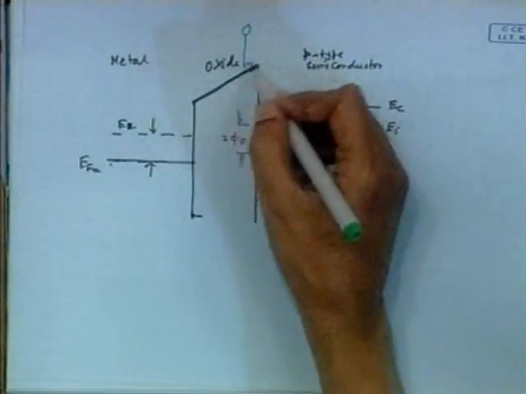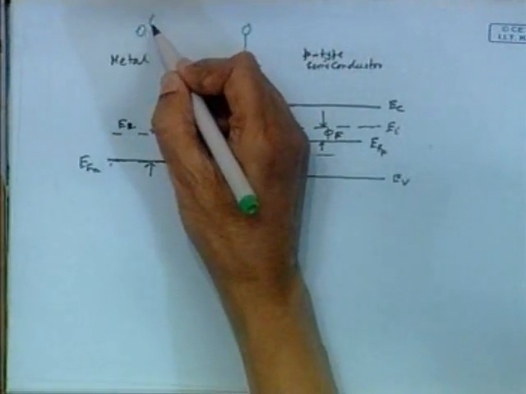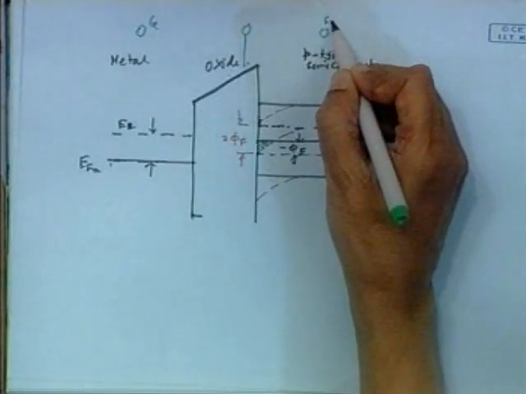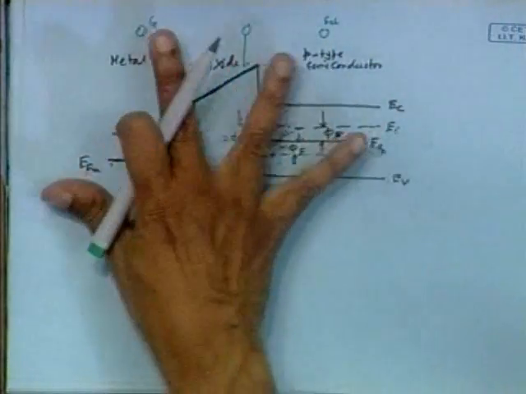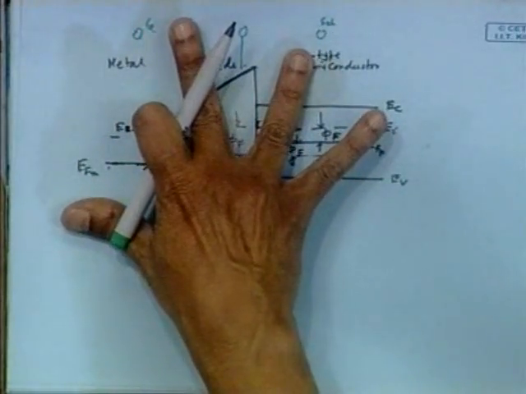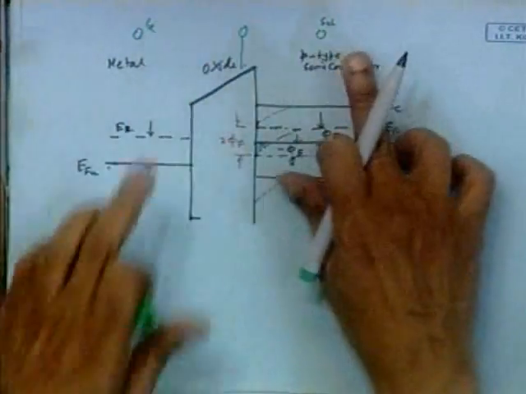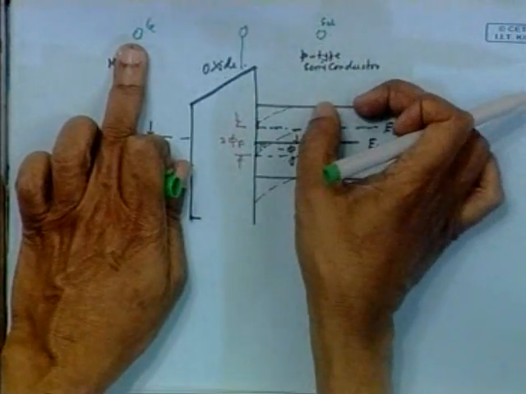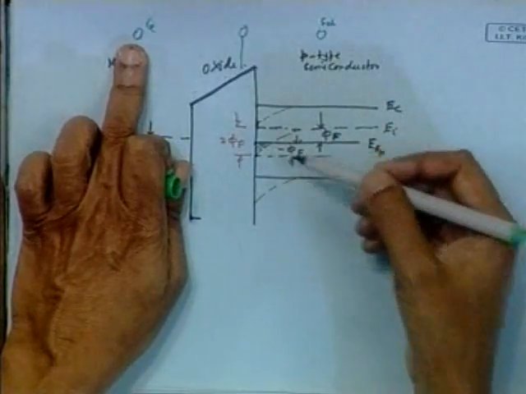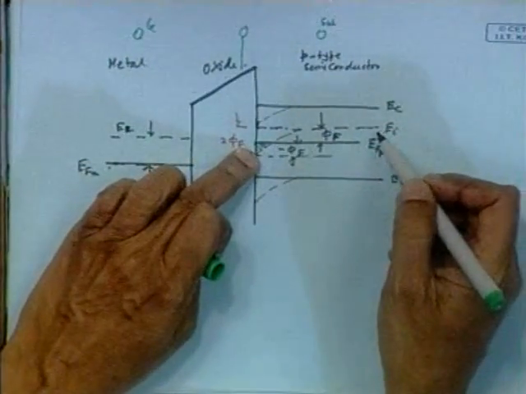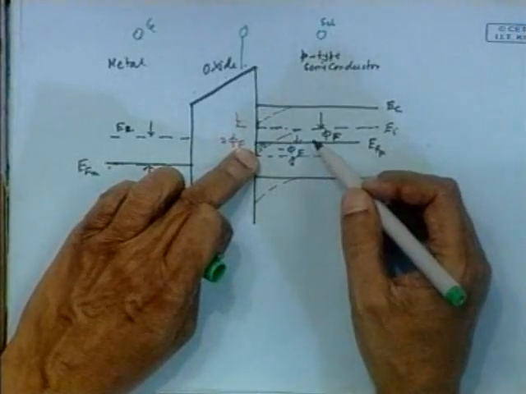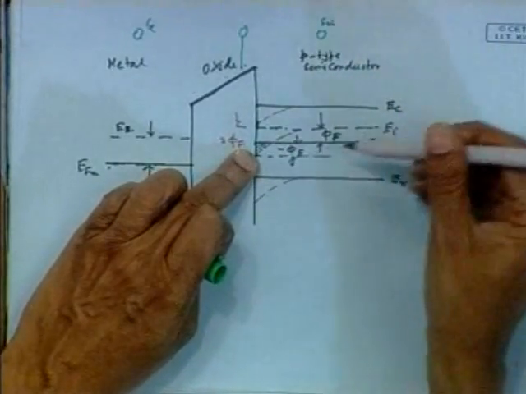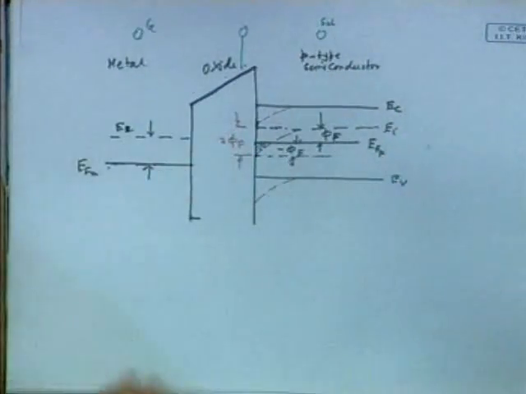As a consequence, a positive potential is applied between the gate terminal, the gate oxide, and the substrate. Assume that the substrate is connected to the source. As I increase this voltage, slowly I am forcing the band diagrams and the Fermi levels to bend, and a time will come when, with a sufficiently large potential, the intrinsic Fermi level goes below the EF, and in this region we have electrons available.